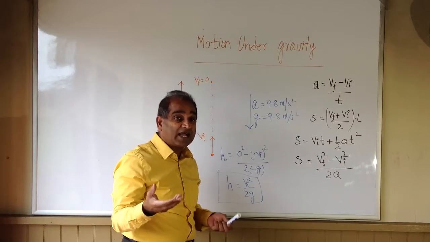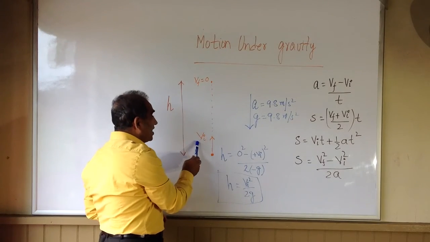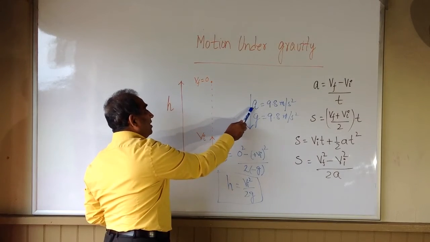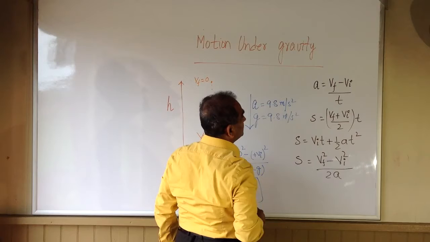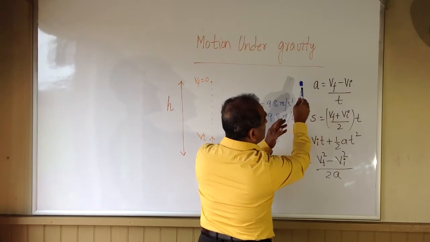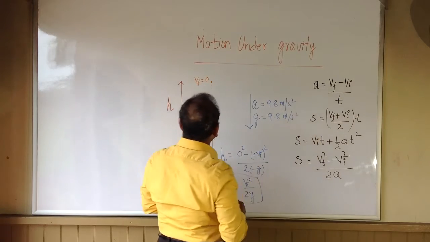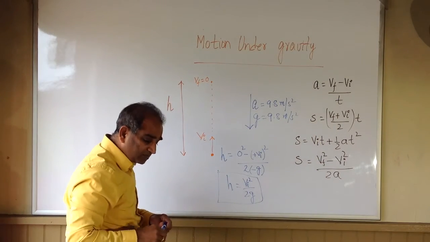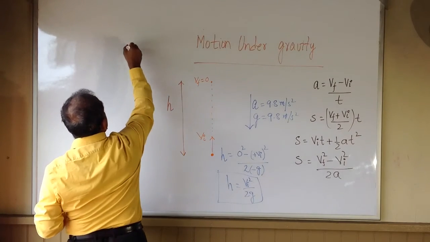So we have found the height. Now, can we find the time taken to rise up to this point? Yes, because I have Vi, I have A, I have Vf, I can use this equation to find t. So if I rearrange the terms here, t can be brought here, A can be brought here. So using that, I can find the value of time taken from this equation.